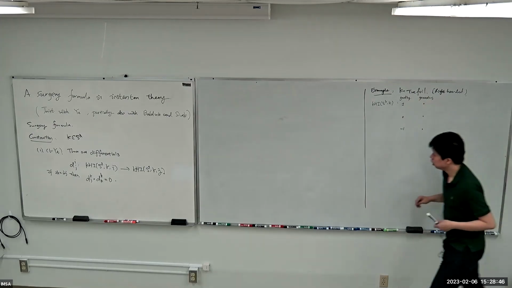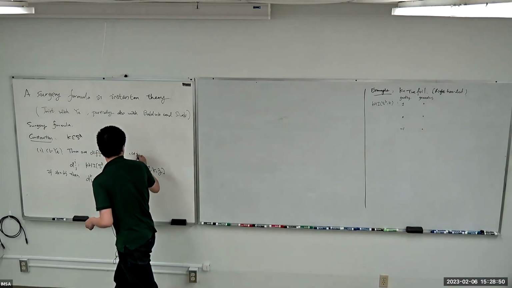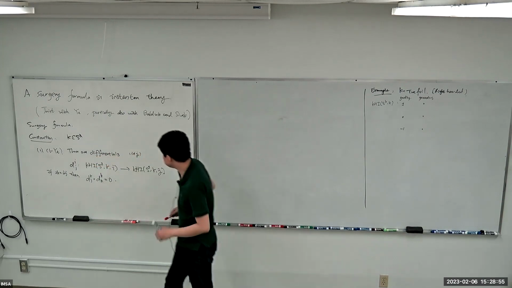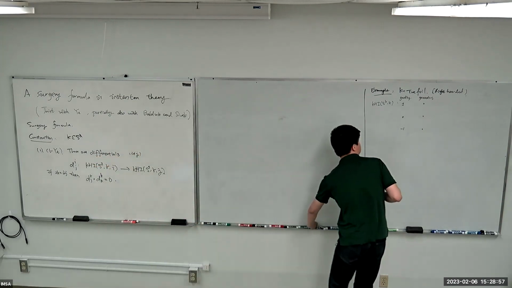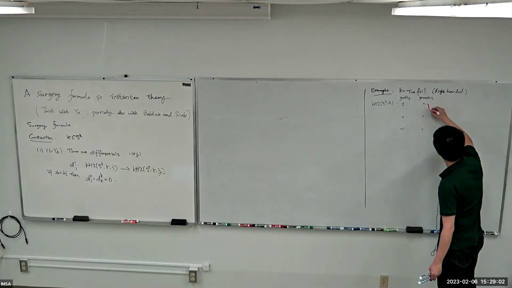We have these differentials for all different i and j, so we probably have i larger than j or i smaller than j, and I will use 2 different colors to denote those 2 arrows.